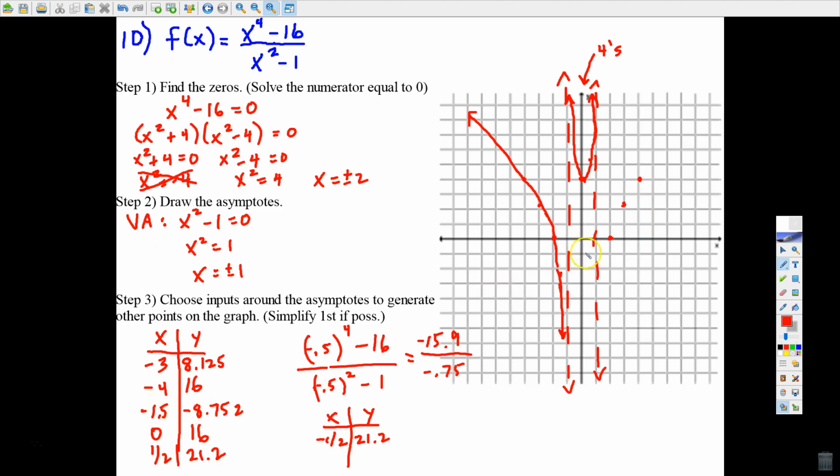For positive 1.5, I'm going to have negative 4, 8, and then a little lower. And so it's really just the mirror image of that left section. And that's it. We're done.